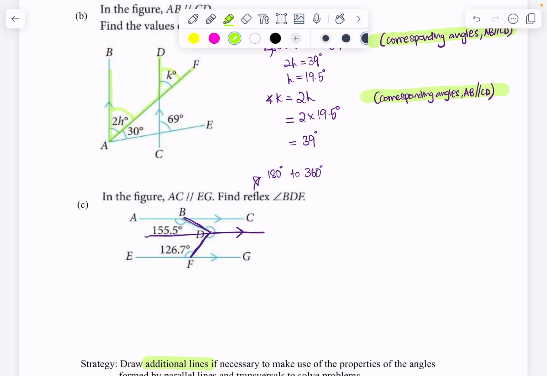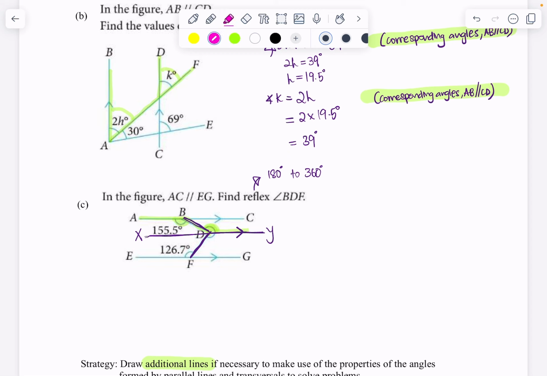Since now we have the two parallel lines, let me call this parallel line XY. Because AC and XY are parallel, I can make conclusions such as alternate angles: these two angles are equal, which means this angle here is 155.5.